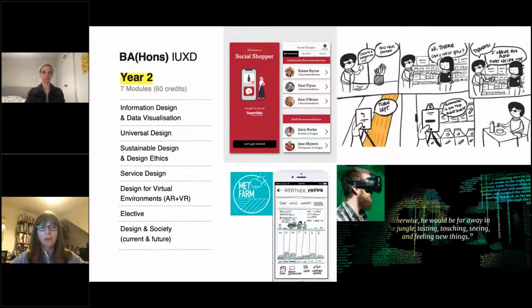And then the introduction of emerging technologies like virtual reality or augmented reality. So a lot of ideas around design for society, design for the environment, design for accessibility. Those themes come up in second year, and as I say, you will apply the design principles to more complex problems and applications.